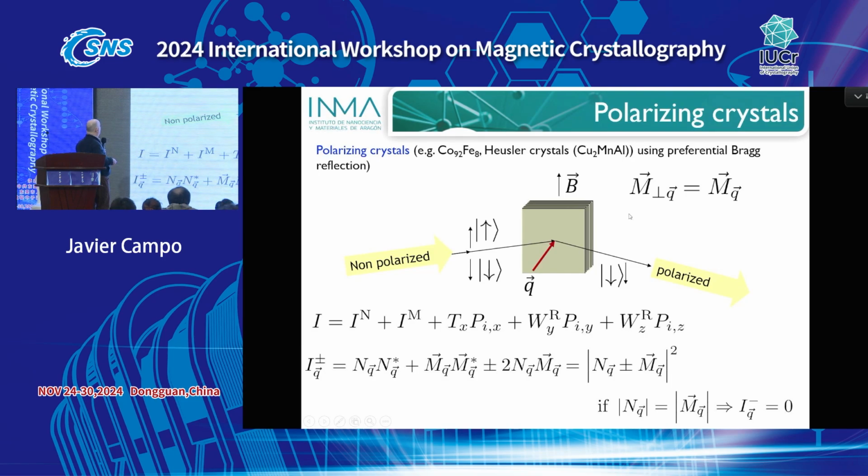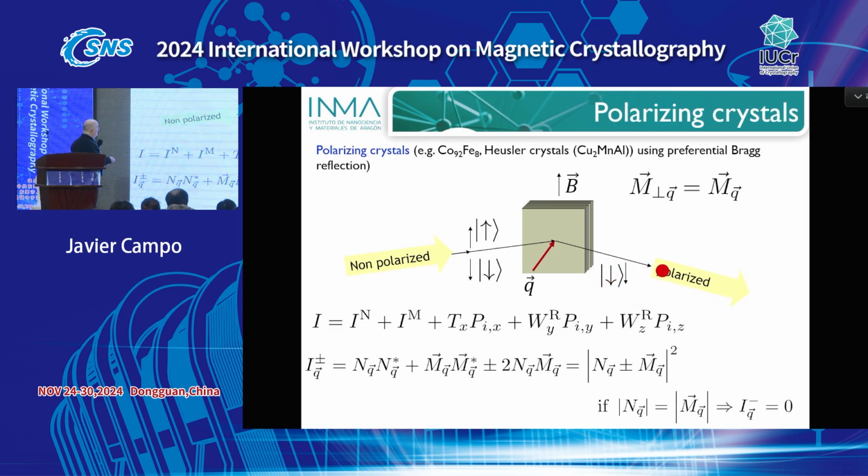Then, also, we can polarize with a crystal by using Heusler or a monochromator that is polarizing the beam. We enter with a non-polarized beam with up and down, all the states, and only the reflected one contains one polarization.